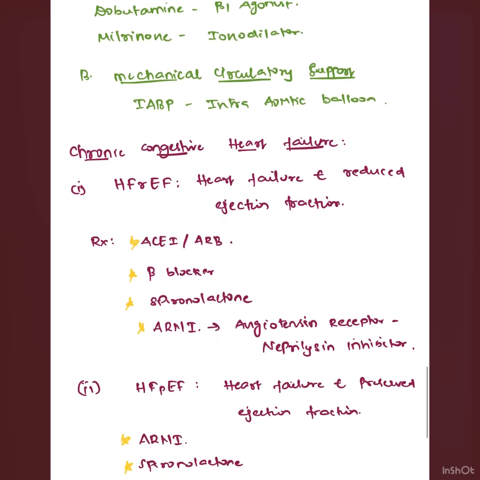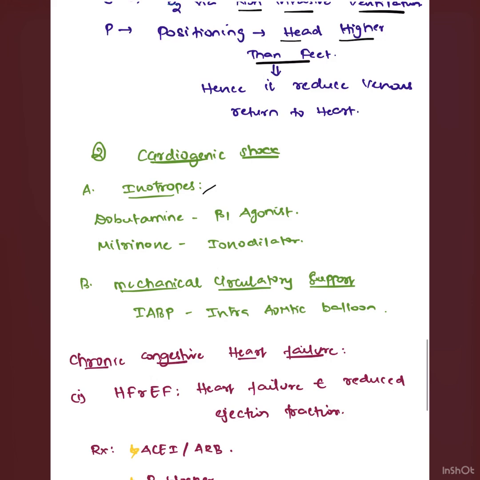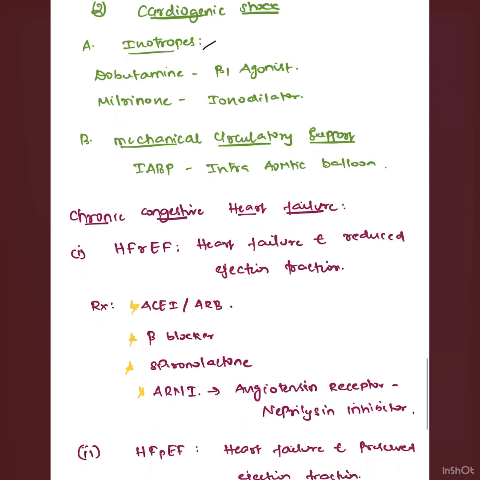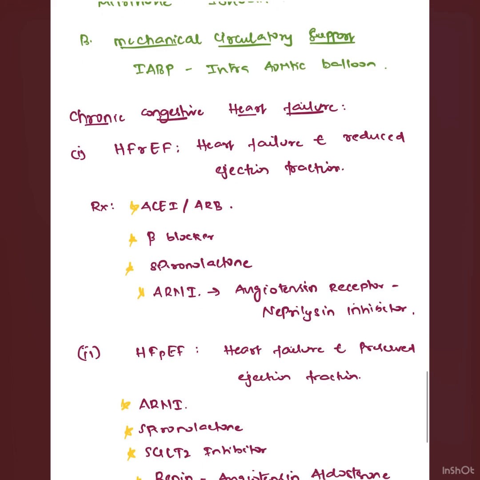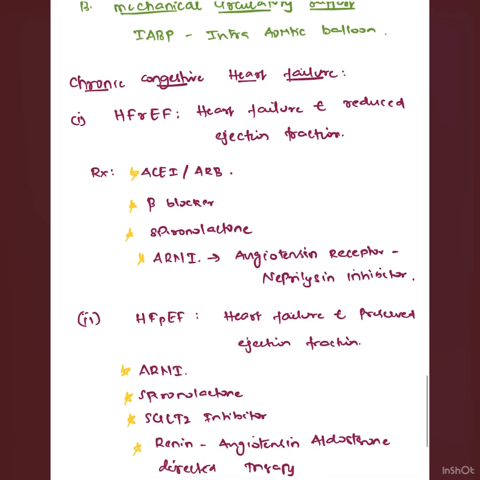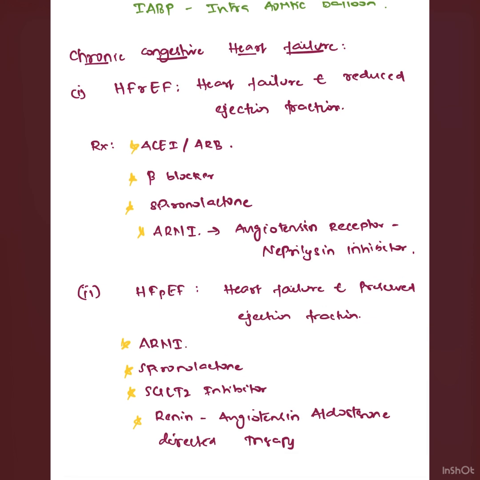Then we have chronic congestive heart failure. We have already seen that beta blockers should not be given in acute congestive heart failure. In chronic congestive heart failure there are two conditions: heart failure with reduced ejection fraction and heart failure with preserved ejection fraction. In heart failure with reduced ejection fraction, the first line drugs are ACE inhibitors or ARB.